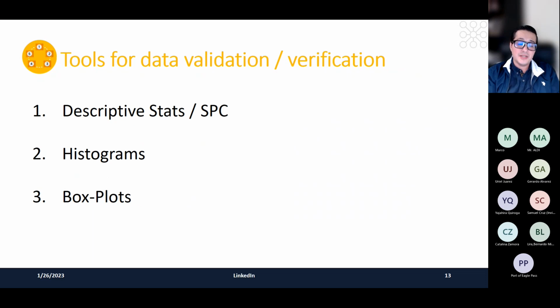Now, there are data software packages that you can use to validate your data, but these are my three go-to tools when I look at a lot of data. The first one is descriptive stats. What does the mean say? What does the standard deviation say?